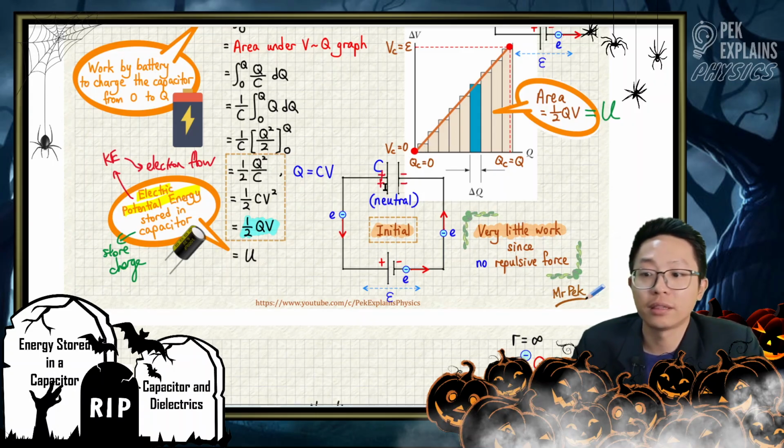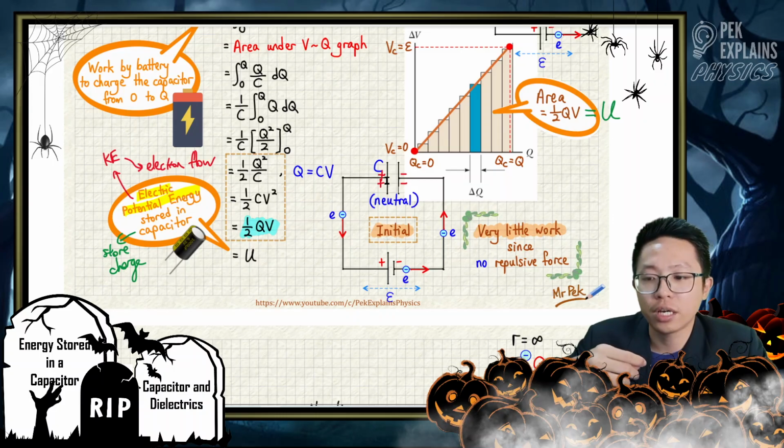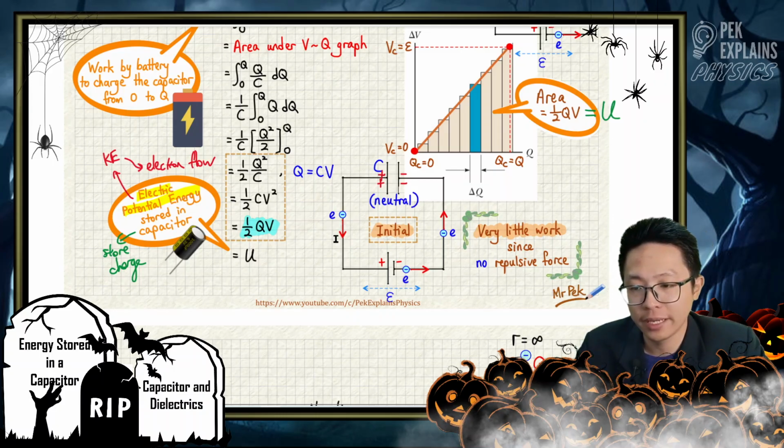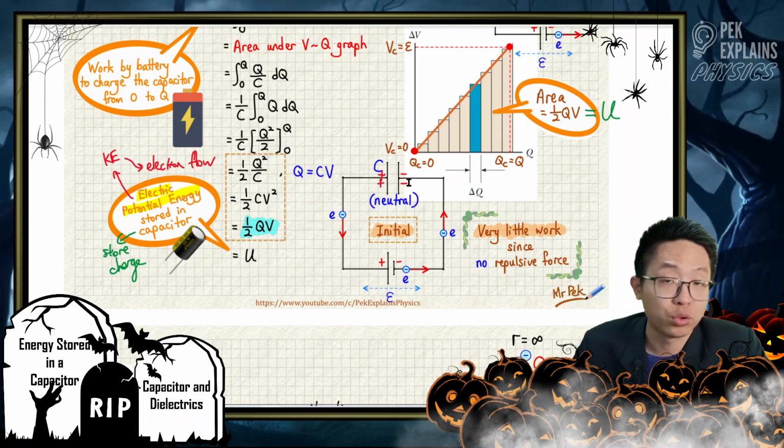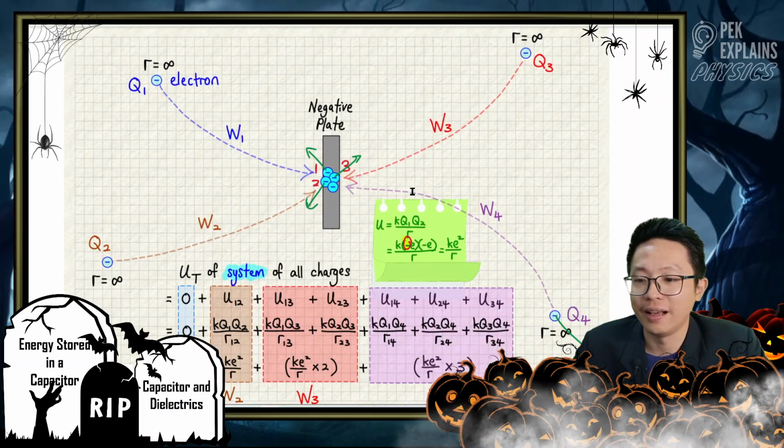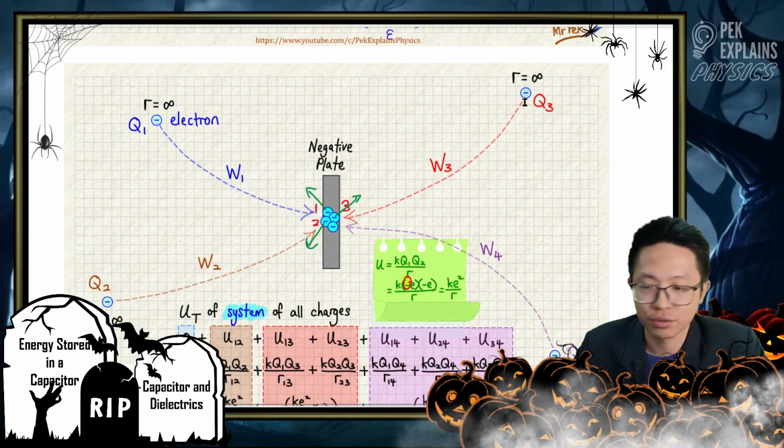Okay, that is the second electron. Now the third electron: when you charge a capacitor, the third electron is extracted from the positive plate to go to the negative plate. Now the negative plate already has 2 electrons, isn't it? So it's the same case as this charge 3. You want to go to the negative plate, you experience 2 repulsive forces.